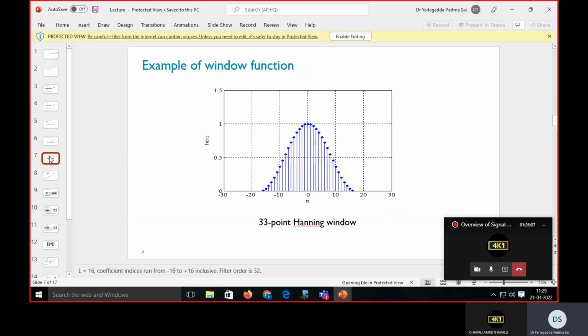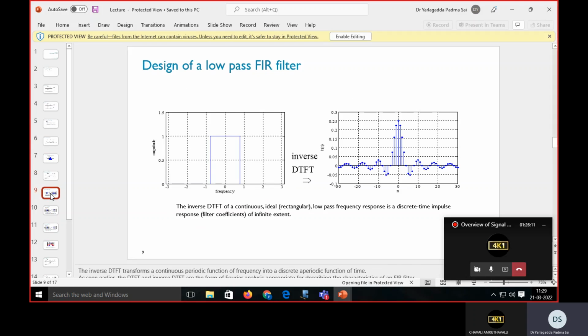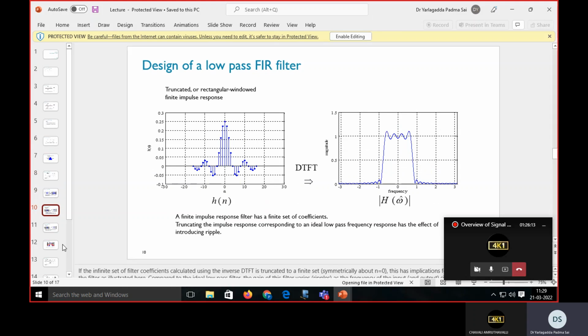When you consider different windows, you get different problems. As communication engineers, when selecting a window, remember that yesterday Kansudha madam mentioned directivity. So your main lobe width should be as small as possible.